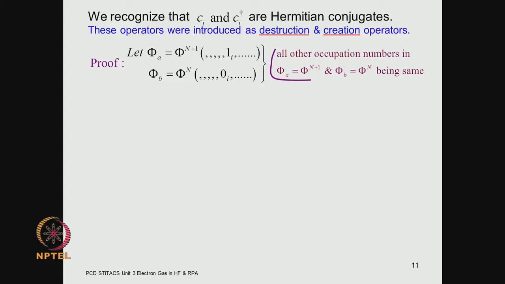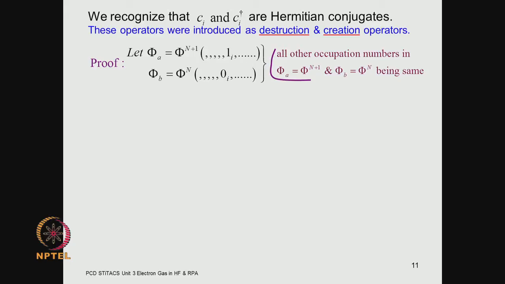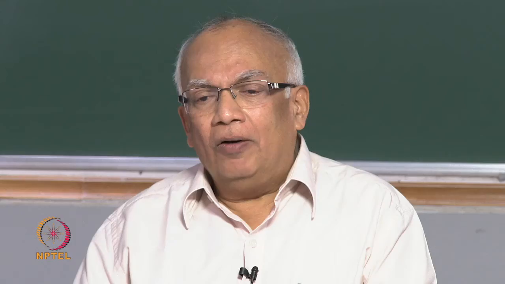There is only one single electron state which is occupied in excess in the n plus 1 state, and let this be the single particle state with label I. So, the occupation number of I in phi A is 1, whereas the occupation number of the state I in phi B is 0, and except for this, all the other occupation numbers of all the single particle states, and there are infinite of them, are essentially the same.